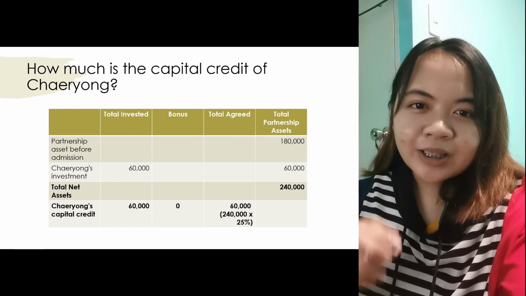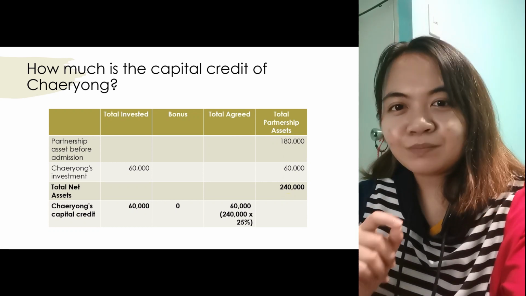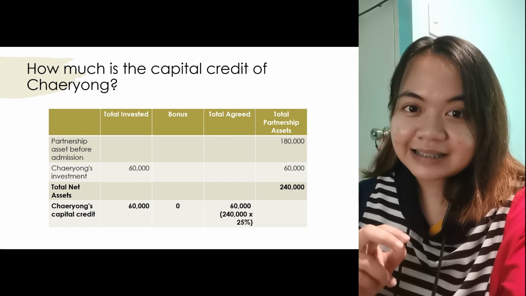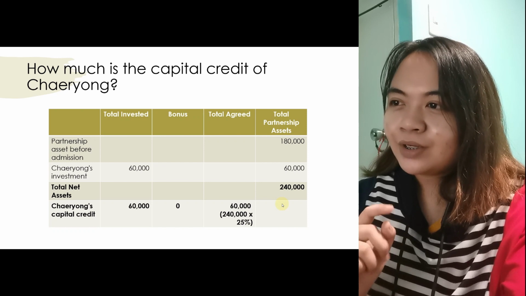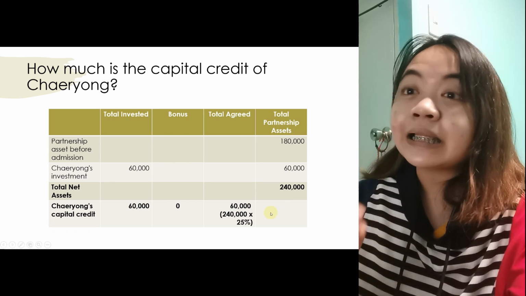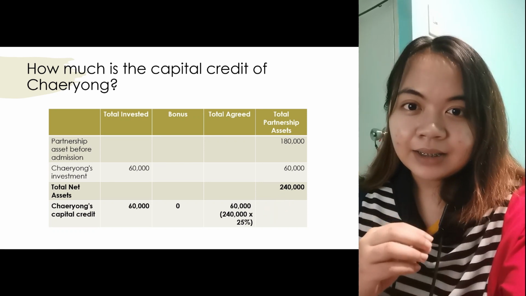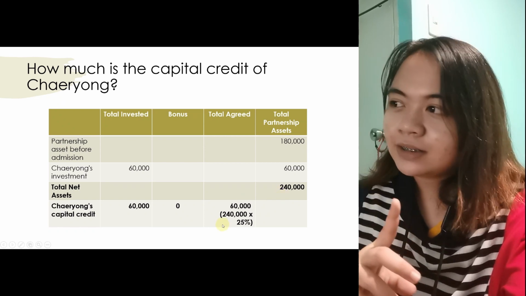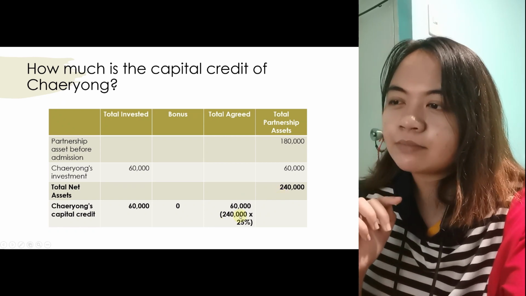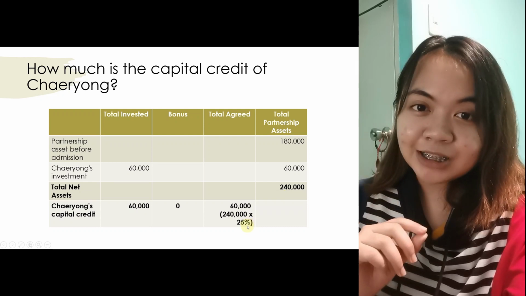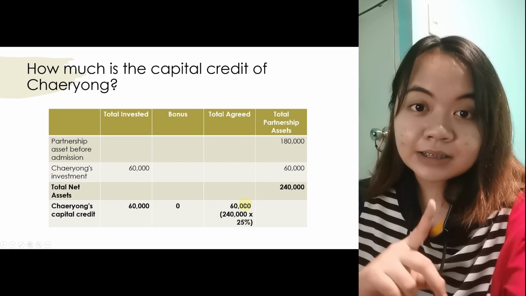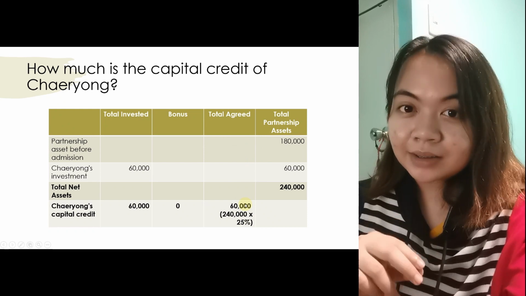And then sabi, 25% yung binili ni Cheryong sa net assets and profits of the partnership. Okay, so yun yung kanyang total agreed capital. Okay, so paano gawin? Yung 240,000 na net assets, times mo lang sa 25% na sabi binili niya, okay, lalabas 60,000 din yung total agreed niya.